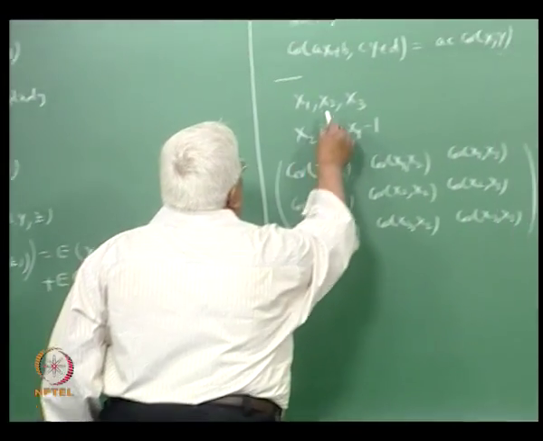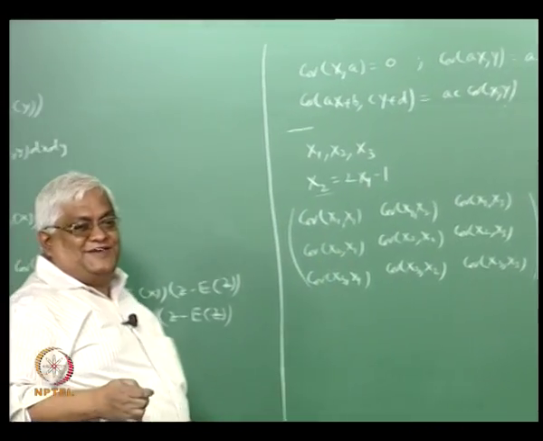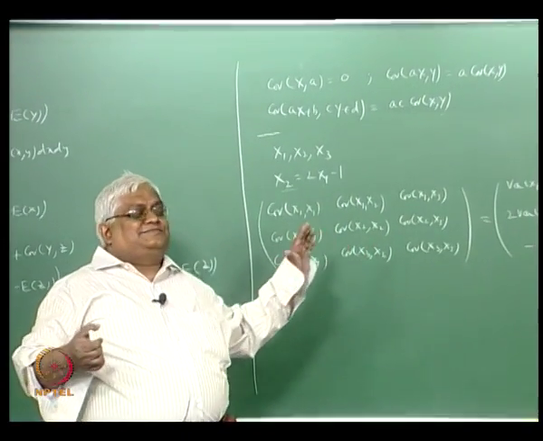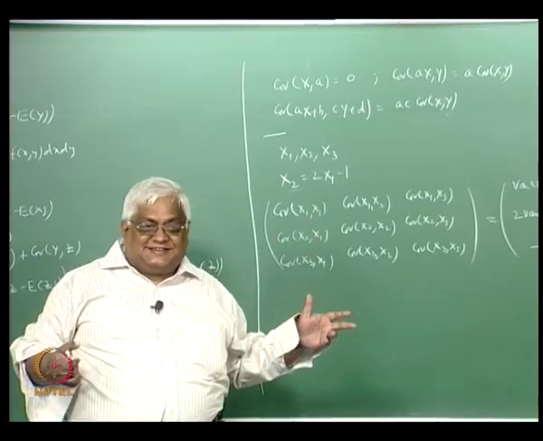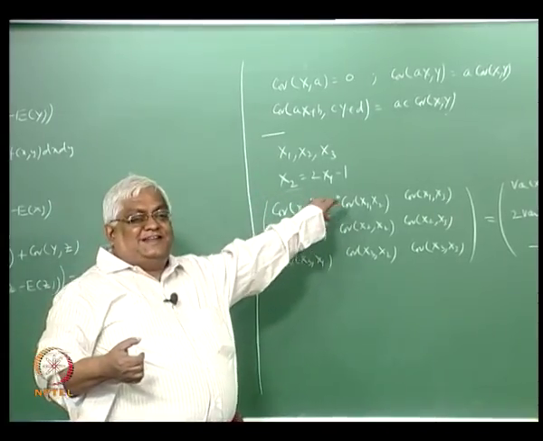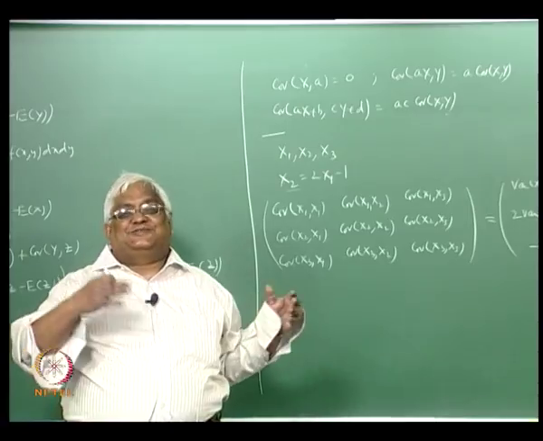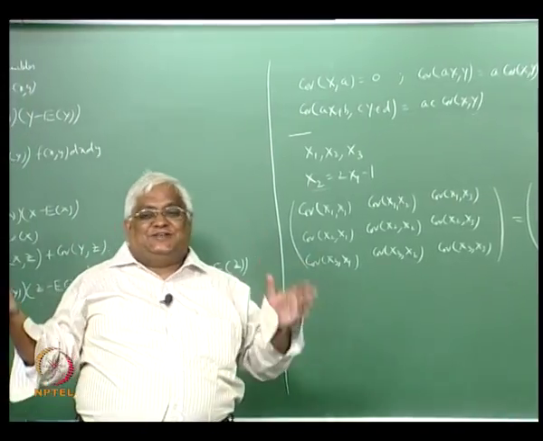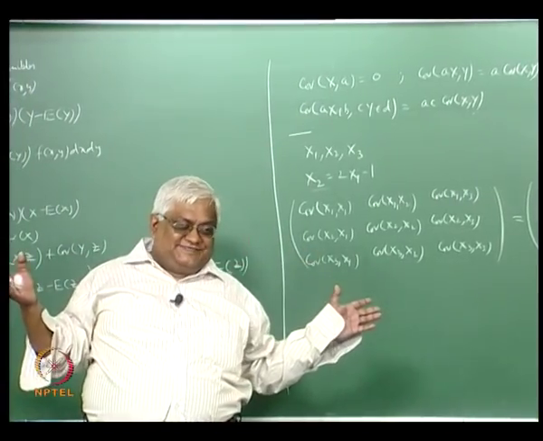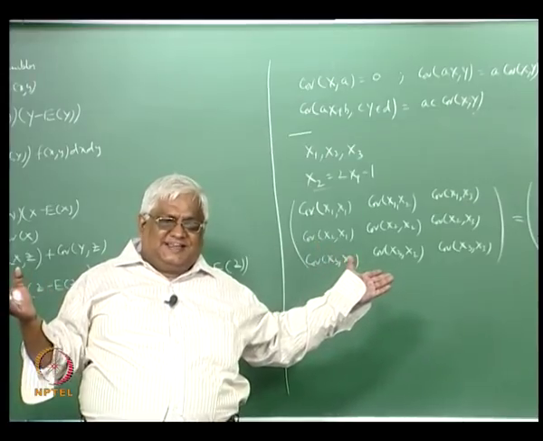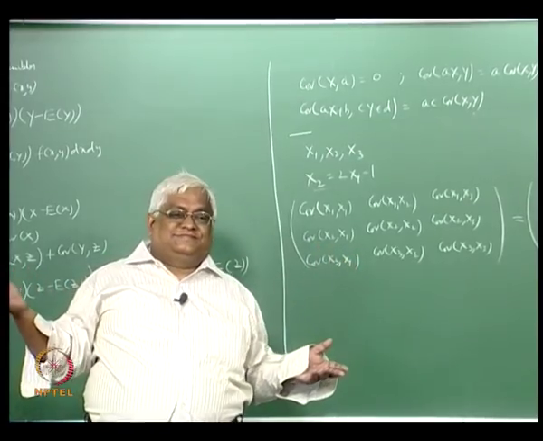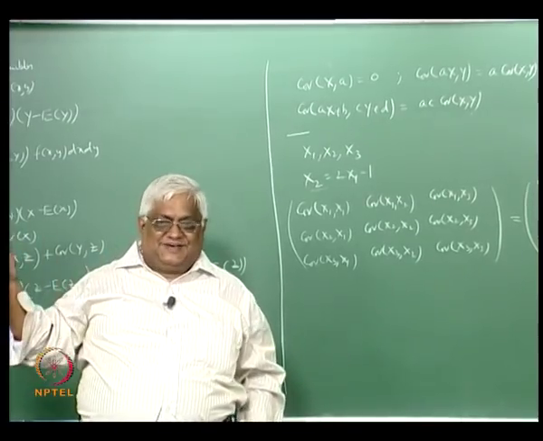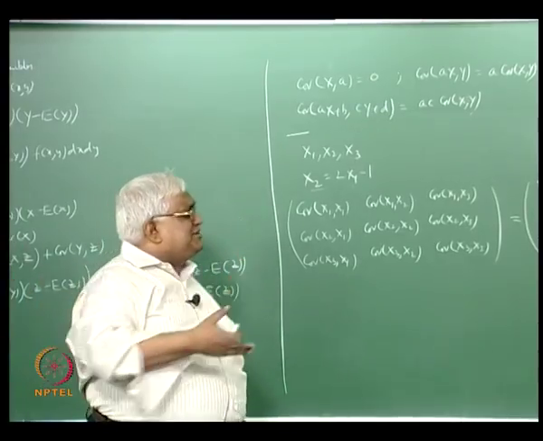So, because of just this relationship, whatever may be your covariance matrix, if 2 variables are linearly related, the rank of the matrix is going to decrease and it will not have full rank. That you can very clearly see, and the determinant will become 0.